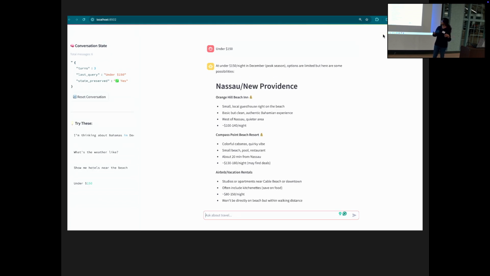I need something way less, so under $150 is my next question, and it was immediately able to understand based on the previous two questions and provide me the list of the 3 hotels which actually fit my budget range. So that's the magic of using context, state persistence, and using LangGraph for this.